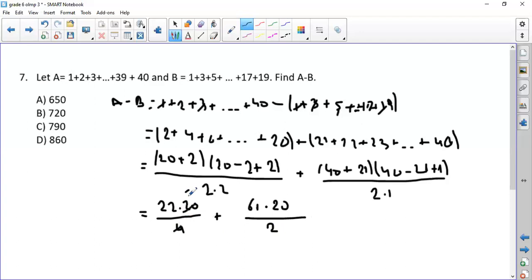It will give me 5. Again, 20 with 2, 10 will remain. So I have 22 times 5, which is 110, plus 610. So this sum will be 720. The sum of the numbers is 720, A minus B. So this one will be the answer.